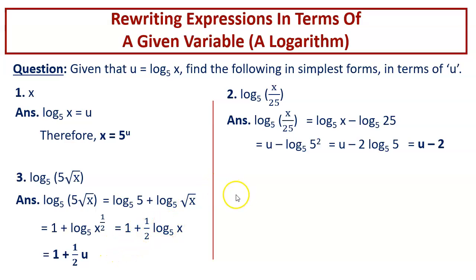Coming to the fourth question, log of x times square root of x over 125 to the base 5. Again, a single term expression. It is a logarithmic term, and again we have to expand using the division rule or quotient rule.